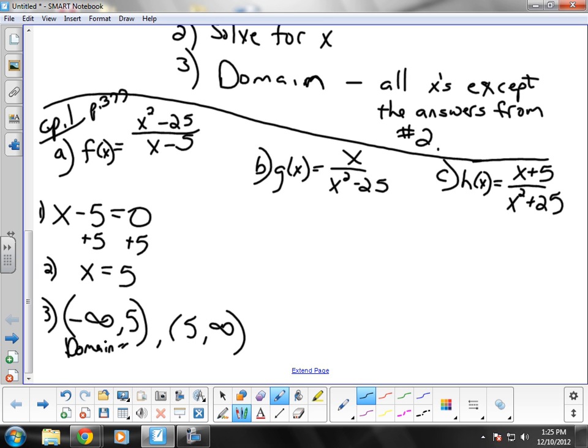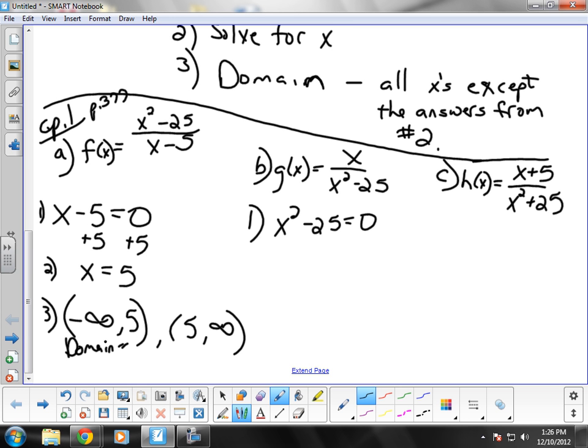Okay, on part B, step number 1 is to take the bottom, the denominator, set it equal to 0. Now when I solve this, what am I going to do? There's a couple ways we can go about it. It's an x squared, so I can factor, or since there's no x term, I can move the 25 away from the x squared and take the square root of both sides.